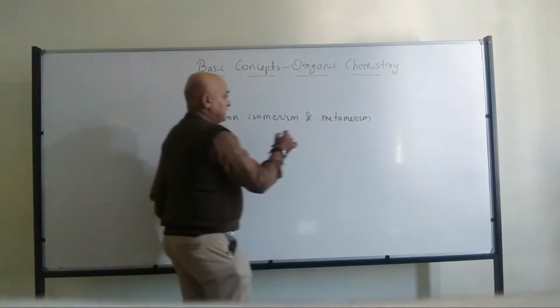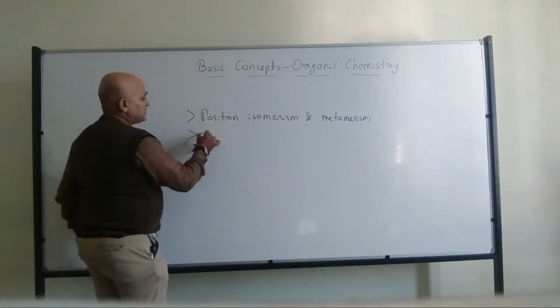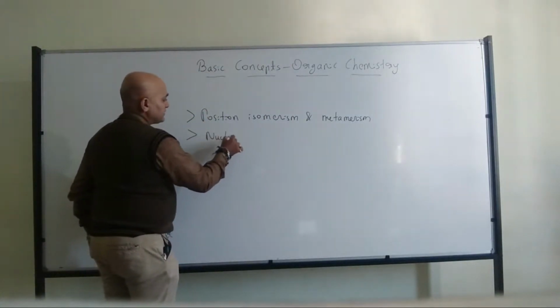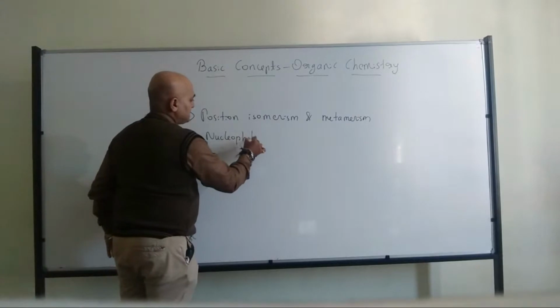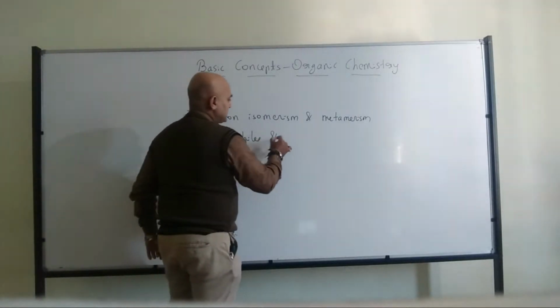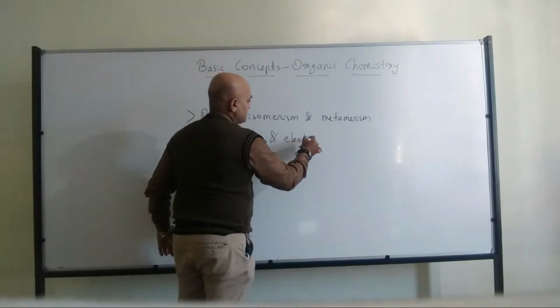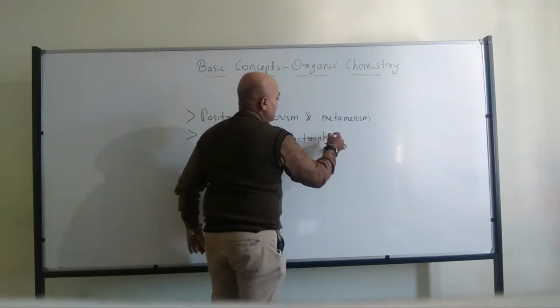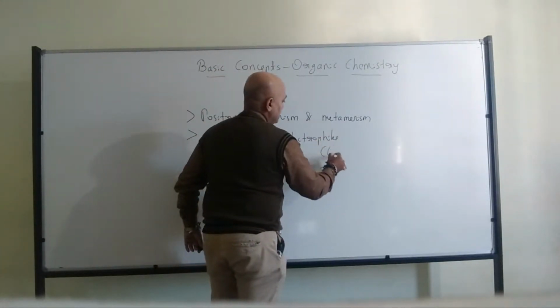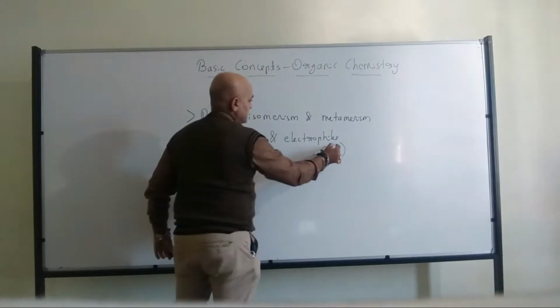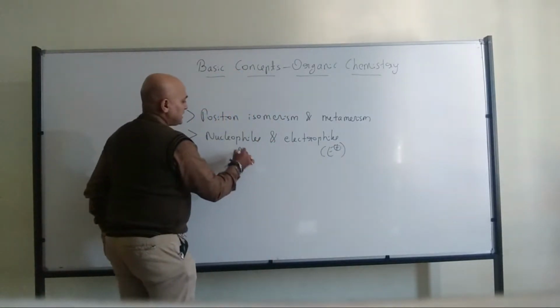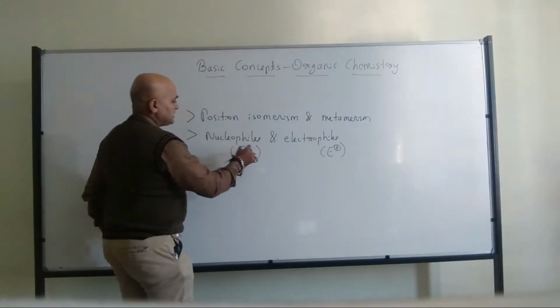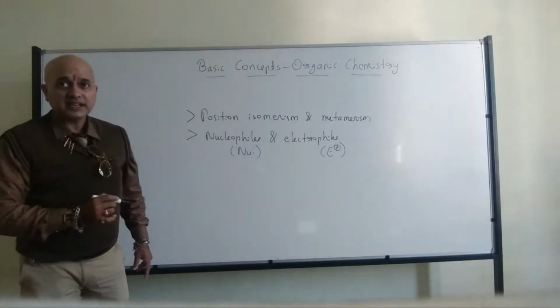Then we discussed nucleophiles, which are electron-rich species, and electrophiles, which are electron-deficient species. Symbolically, we can write the electrophile as E plus and the nucleophile as Nu with two dots, which indicates the lone pair of electrons.